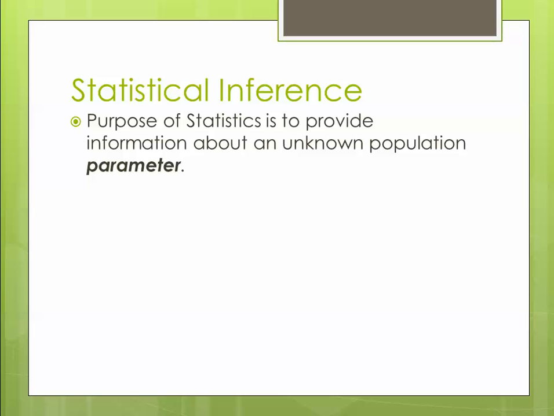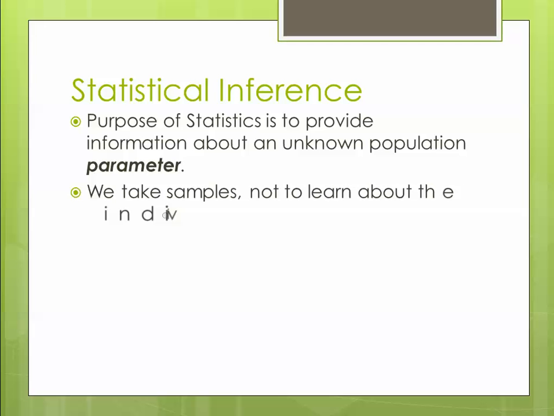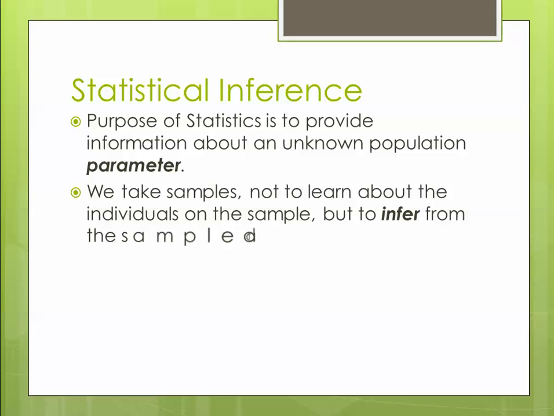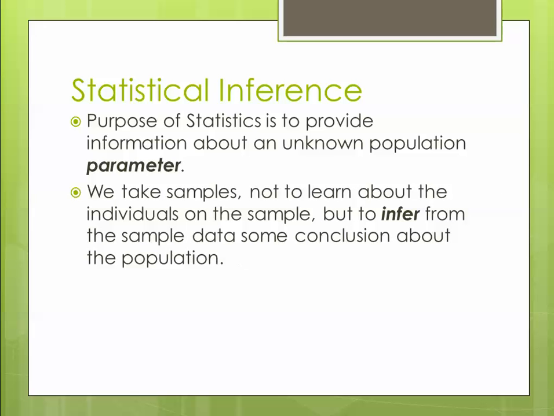So to be able to figure out what the value of the parameter is, we're going to use statistical inference to try to estimate what that parameter is, or to try to say some things about claims about that parameter. So when we take samples, we don't do that so we can learn about the people that are in the sample or the individuals in the sample, even if they're not people.